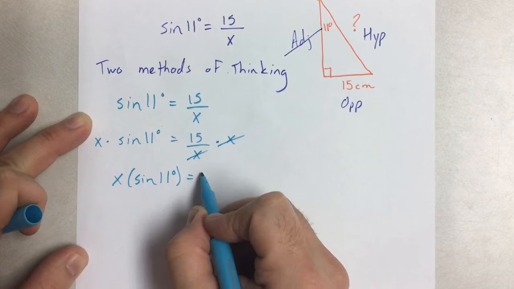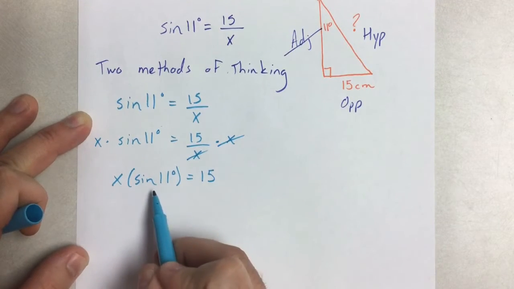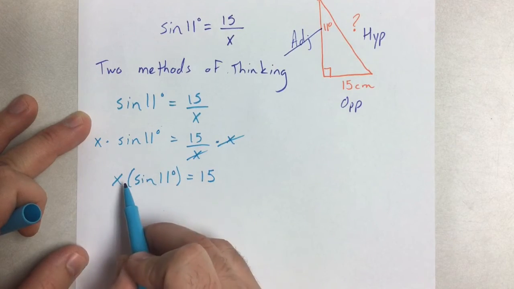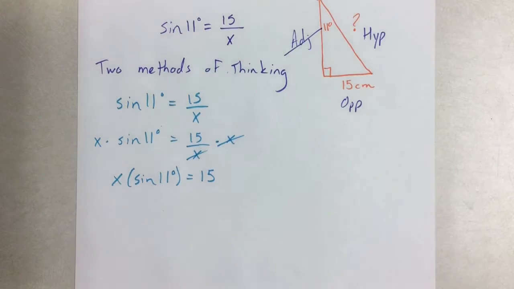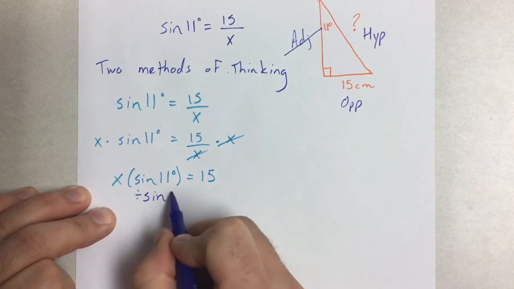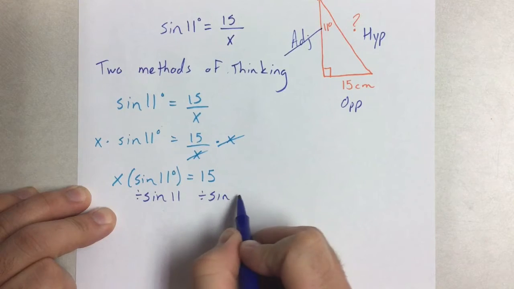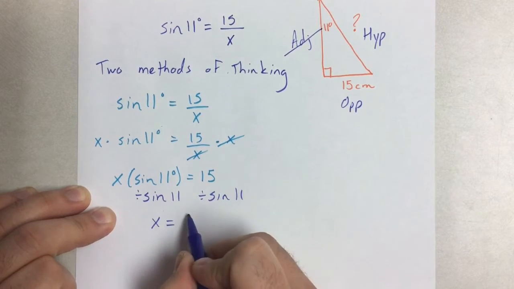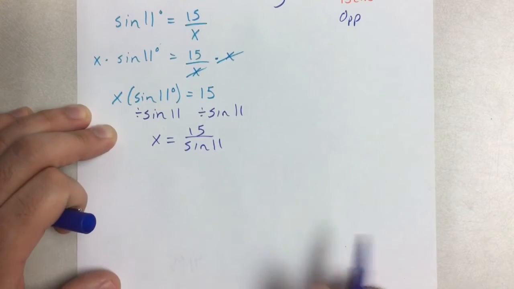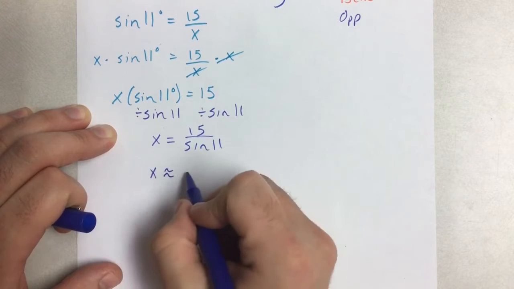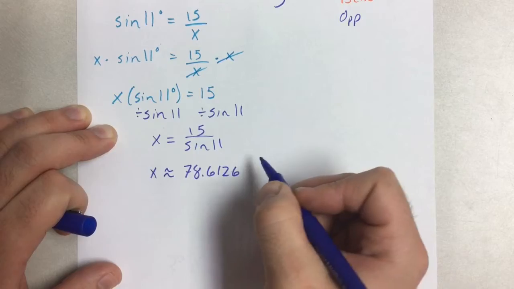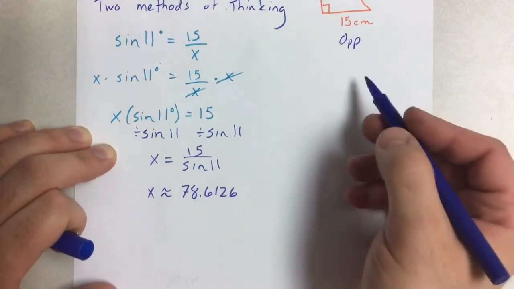And we've seen in previous lessons that sine of 11 degrees is a decimal value. So we have now a numeric value being multiplied by x. To isolate x, we would divide by sine of 11. And we would have 15 divided by sine of 11 degrees, which, when we compute this, is approximately 78.6126. Units would be centimeters.